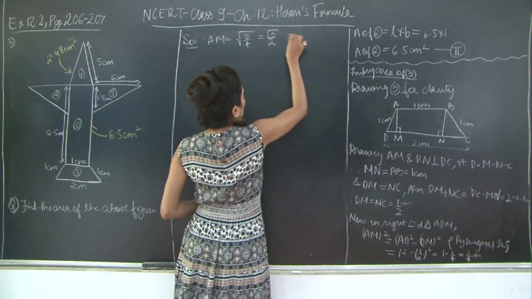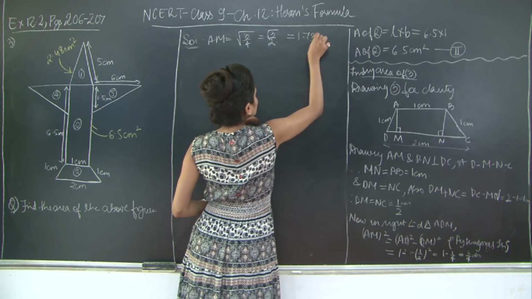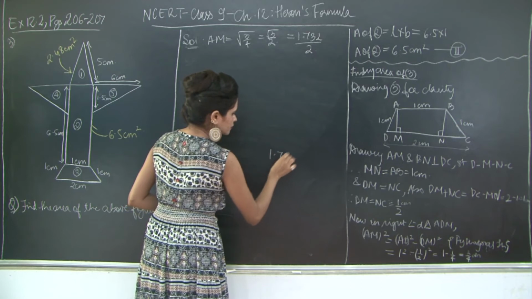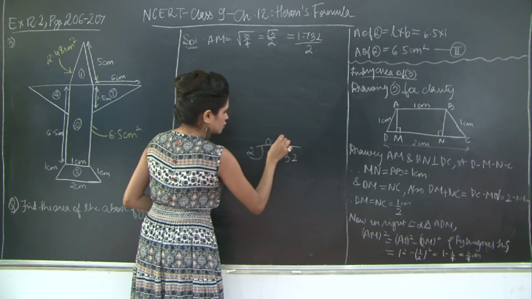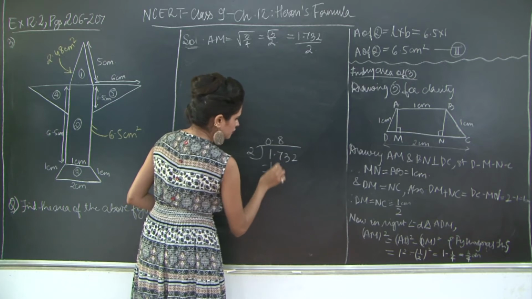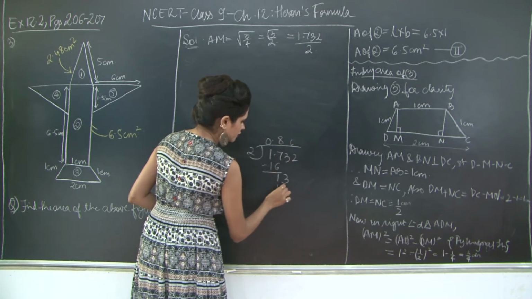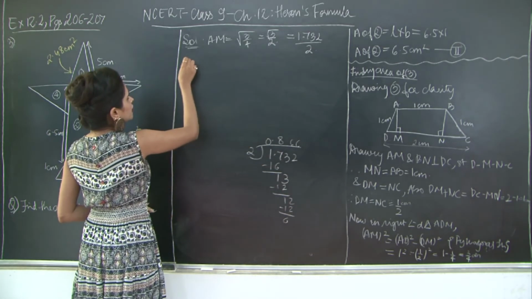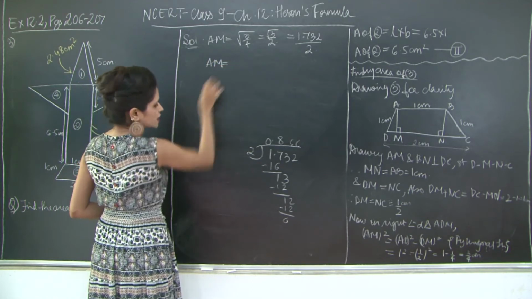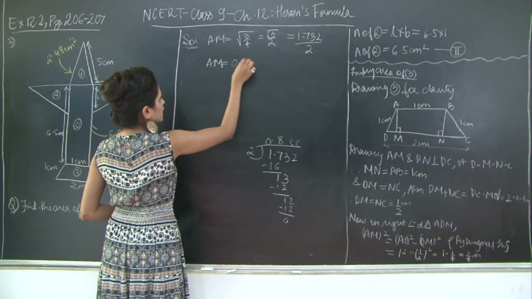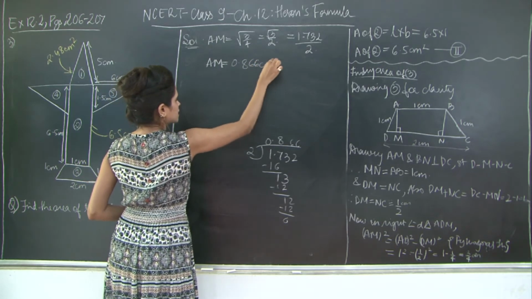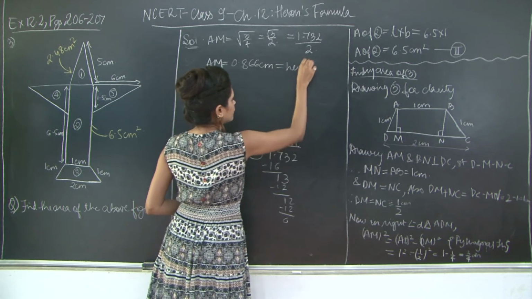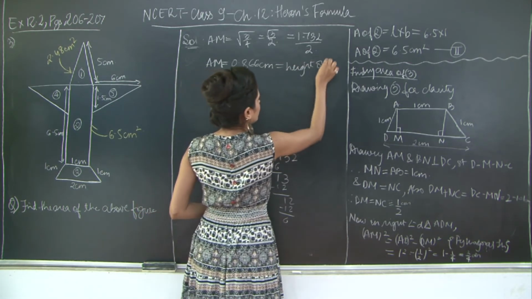So this will be 1.732 divided by 2. 2 8s are 16, 2 6s are 12. So this would be AM, which is equal to the height, 0.866 centimeters. So now this is the height of trapezium, height of ABCD.